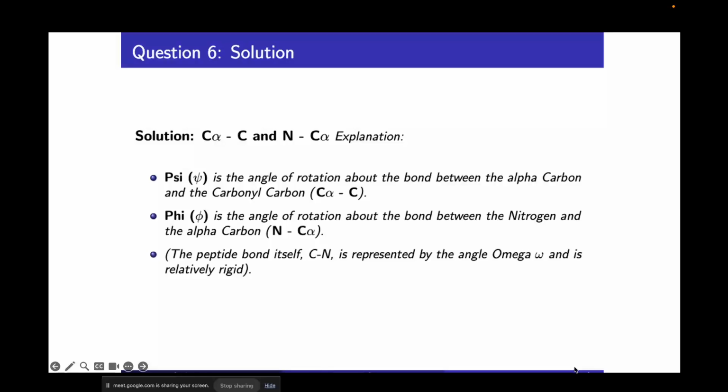Yeah, that's the correct answer. Psi is the alpha carbon and the carbonyl atom, and phi is the alpha carbon and the nitrogen atom of the amide. And by the way, carbon-nitrogen is the omega angle, if you didn't know.